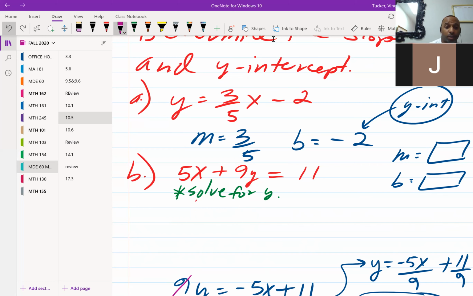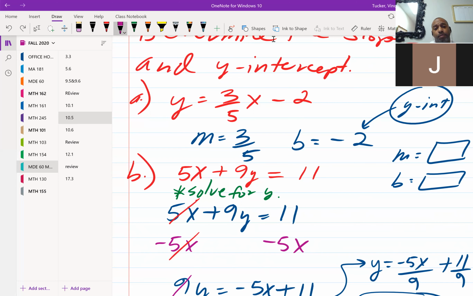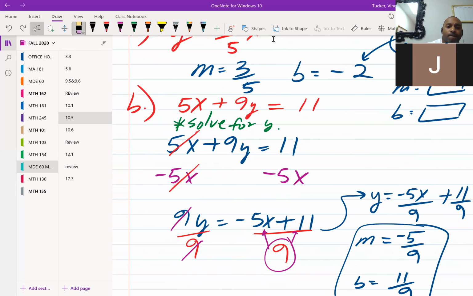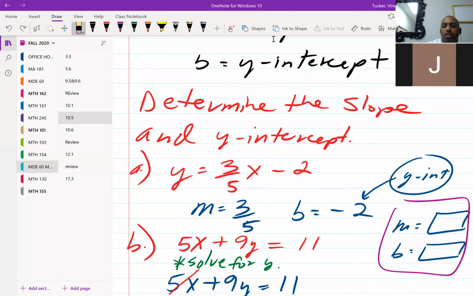So first thing we'll do is subtract 5x from both sides. That'll put us here at 9y equal to -5x plus 11. All right, and then we divide by 9. The 9 has to go into each one of the terms.